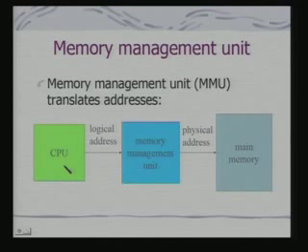When an instruction is executed, the addresses that the CPU generates for accessing instructions or data are logical addresses. These logical addresses are received by the memory management unit, and it translates each logical address to a physical address, and these physical addresses are addresses of the main memory locations, from where the instructions or data are actually fetched.